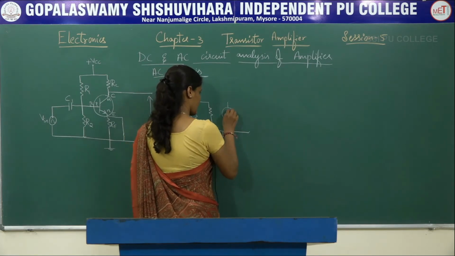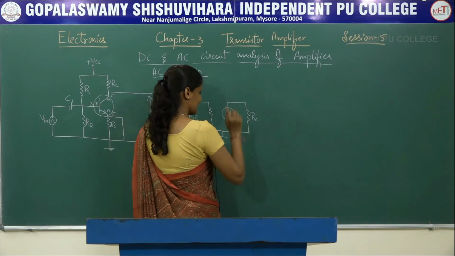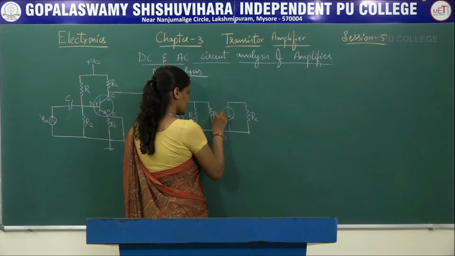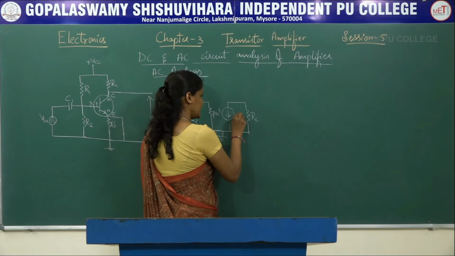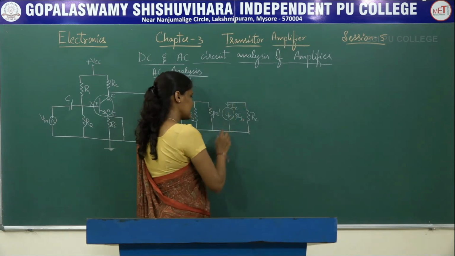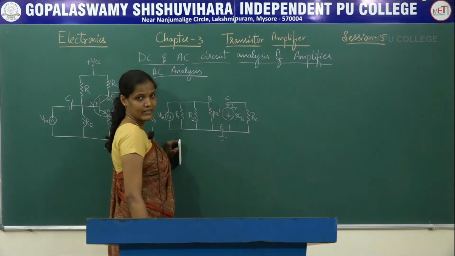A current source and here a resistor RC, and this will be named as beta times of RE dash, and this is beta times of IB. This is the current which is flowing, IC, emitter terminal, collector terminal and the base terminal.